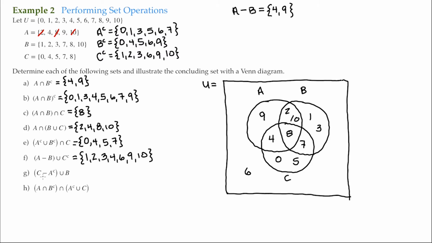So we have C minus A complement. That's in parentheses. We'll do that first. And then union B. So we'll do C minus A complement. So everything that is in A complement, I'm going to take that out of C and see what's left over. So A complement, I have a 0.